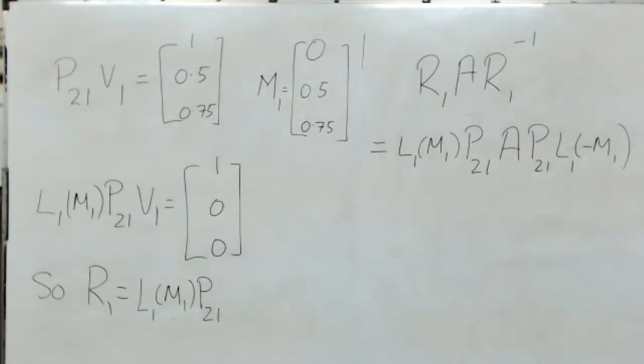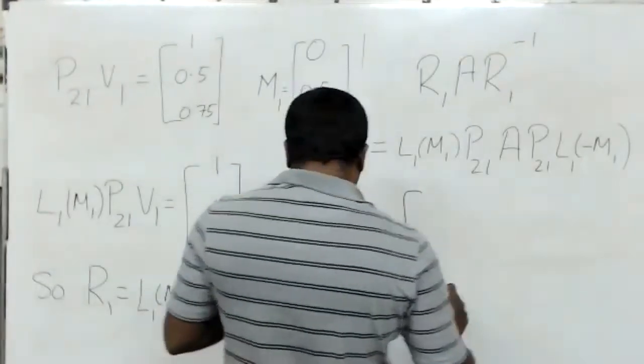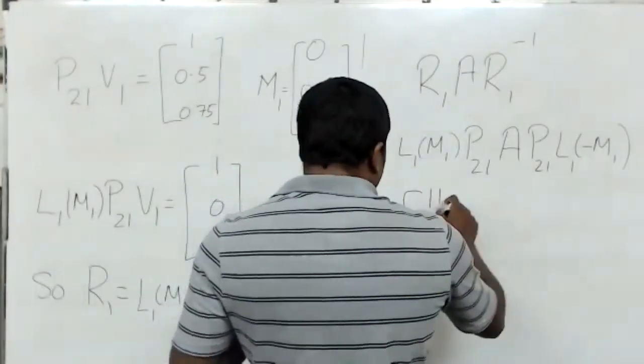Take A, multiply by P21 in front and P21 behind, and then L1 M1 in front, and after that multiply by L1 minus M1 from behind. Once you do that, you will get a matrix. That matrix in this example is going to look like this.